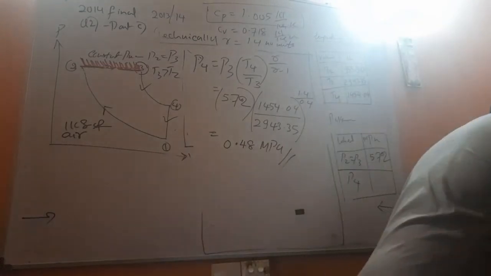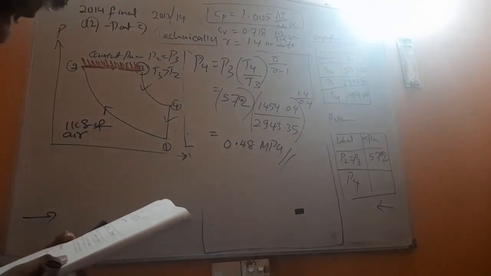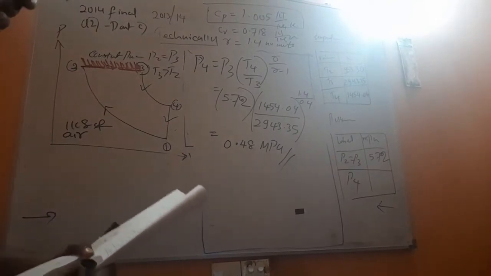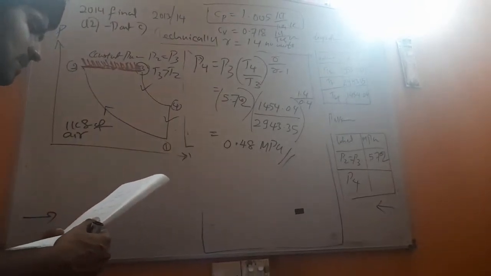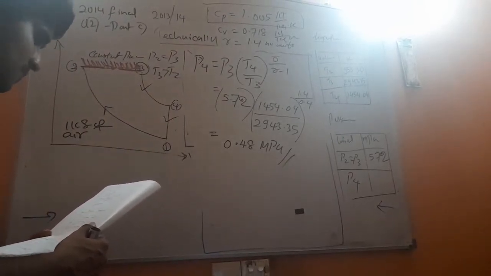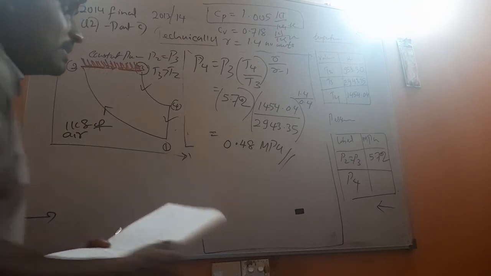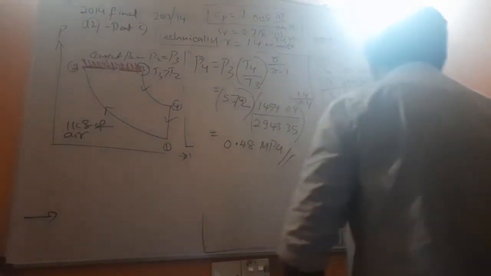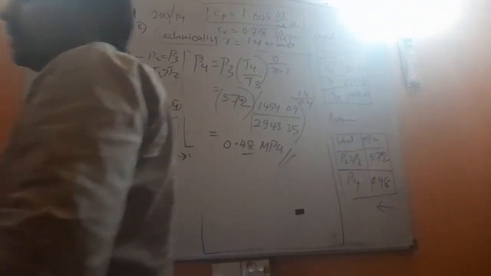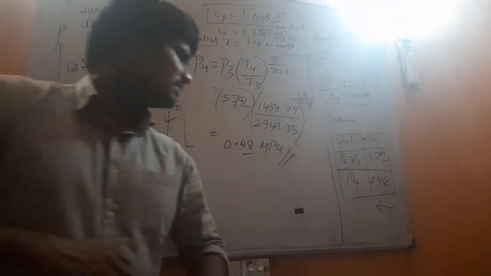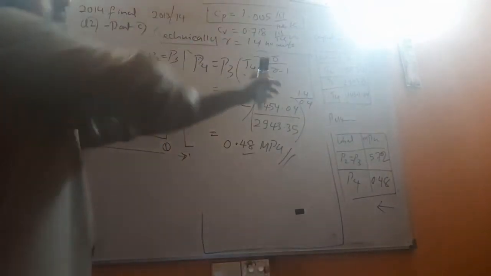Let's verify the value. 0.48 megapascals. Yes, that is the value. So that is the pressure. 0.48, because I am getting the answer up to 2 decimals. Yes, so it is done.